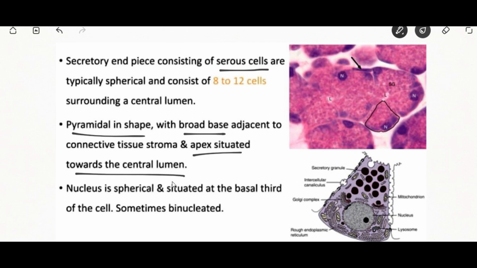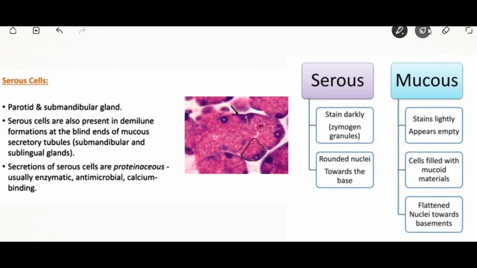The nucleus is spherical and situated at the basal third of the cell. Accumulation of secretory granules in the apical cytoplasm is the most prominent feature of this cell. The serous cells are seen in the parotid and submandibular glands.